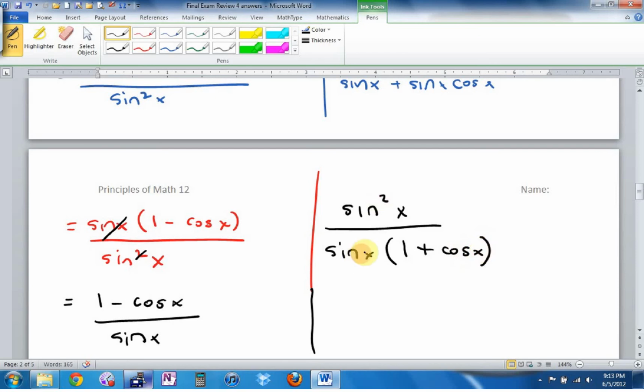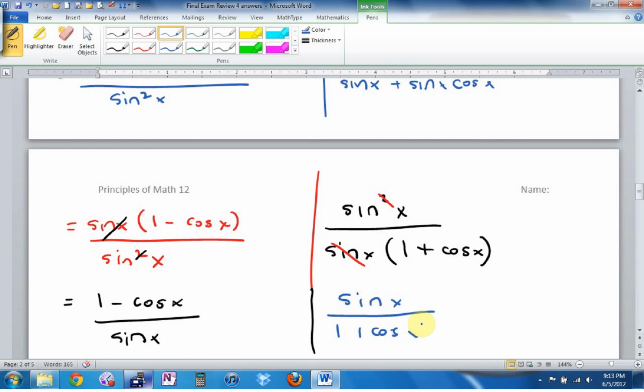Can I cancel? It is factored. And I end up with sine x all over 1 plus cos x.